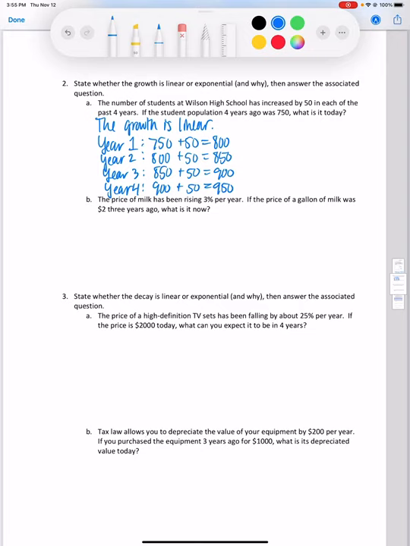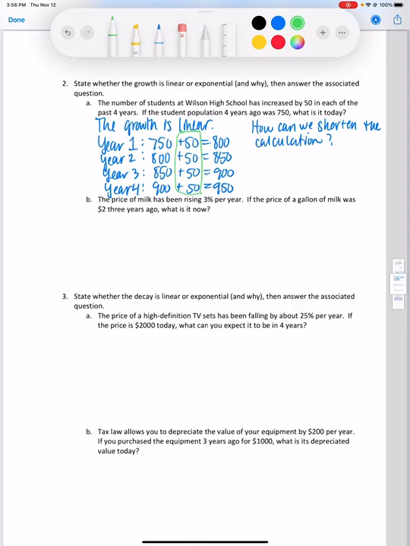So when we find this answer, it took a lot of steps to do it. So how can we shorten the calculation? Notice that I added 50 four times right here.